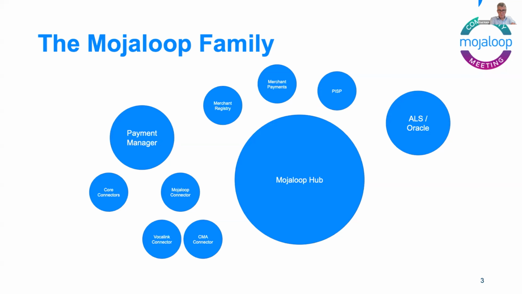There's obviously PISP, which I think is an extremely important development. The approach we have to 3PPI, PISP is probably one of the most important things that we're going to see within deployments over the next 6 months, a year, 2 years. And then there's merchant payments, which is another layer or function adjacent to a Mojaloop hub.